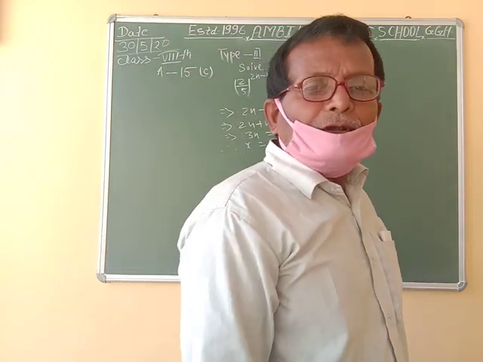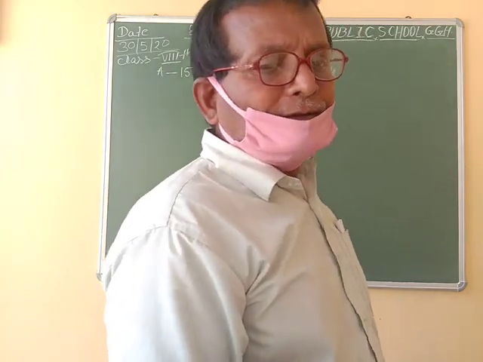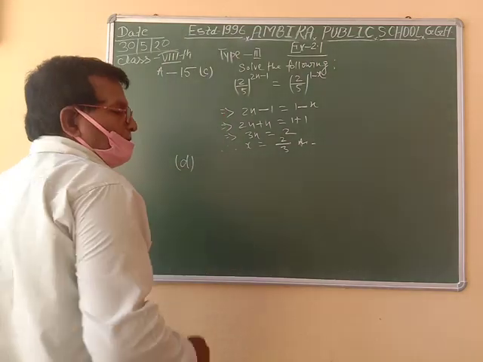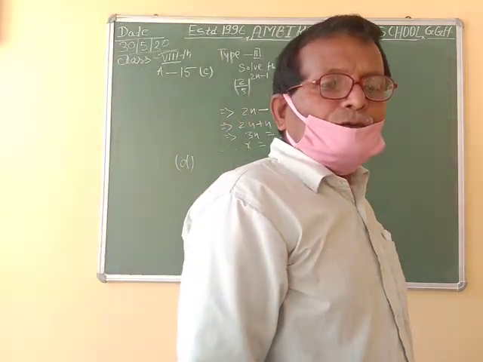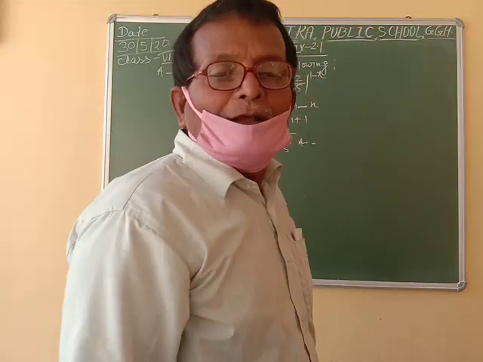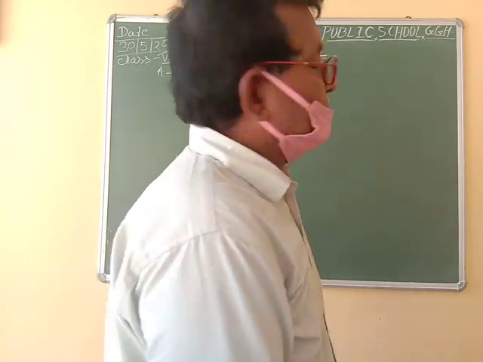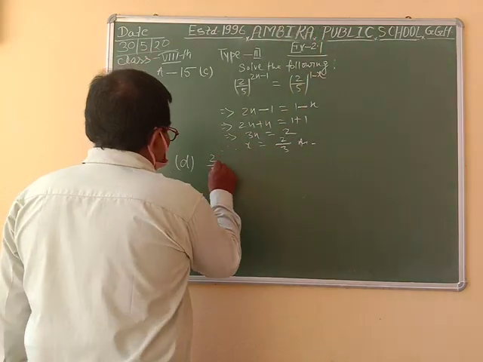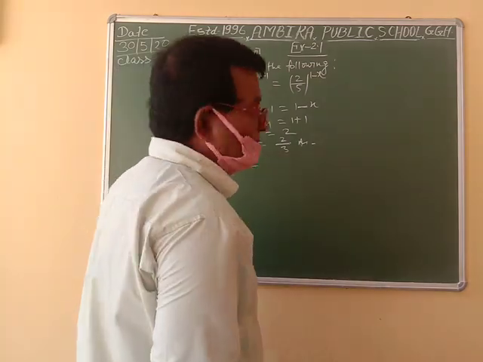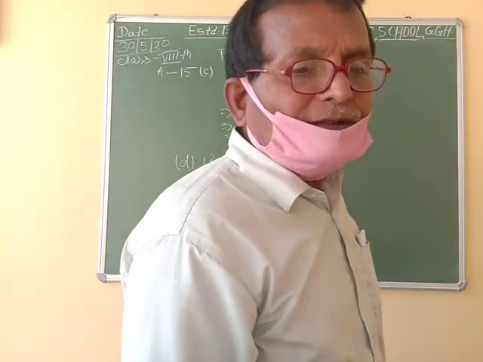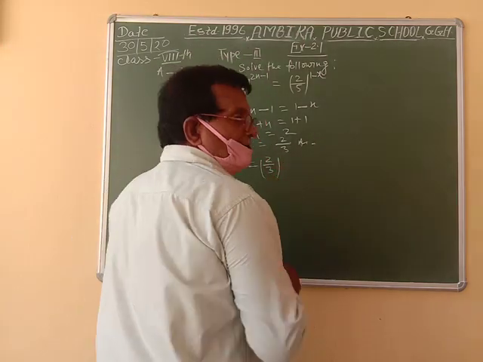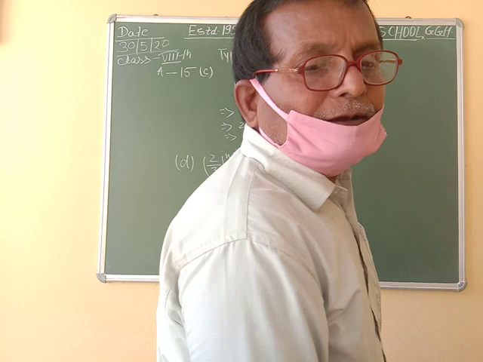Now I am going to solve D number questions of 15. Question number D is (2/3) whole to the power x plus 1 is equal to (2/3) whole to the power 3x plus 5.